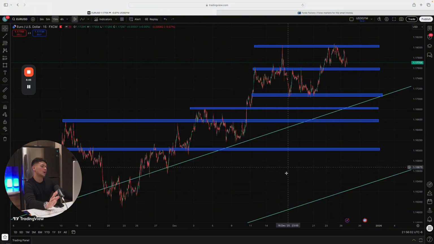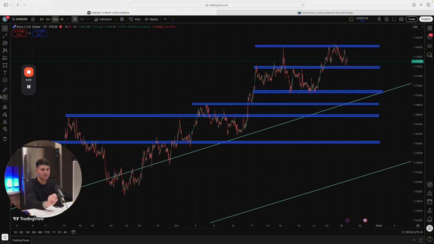So the way I like to watch the market is, if an area was previously touched, price usually tends to come back to it or react from it.